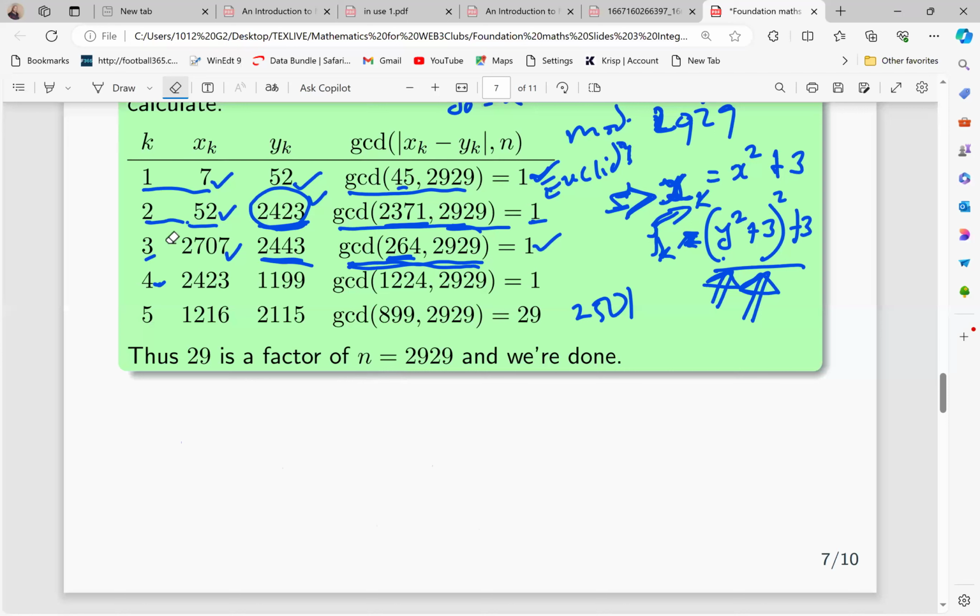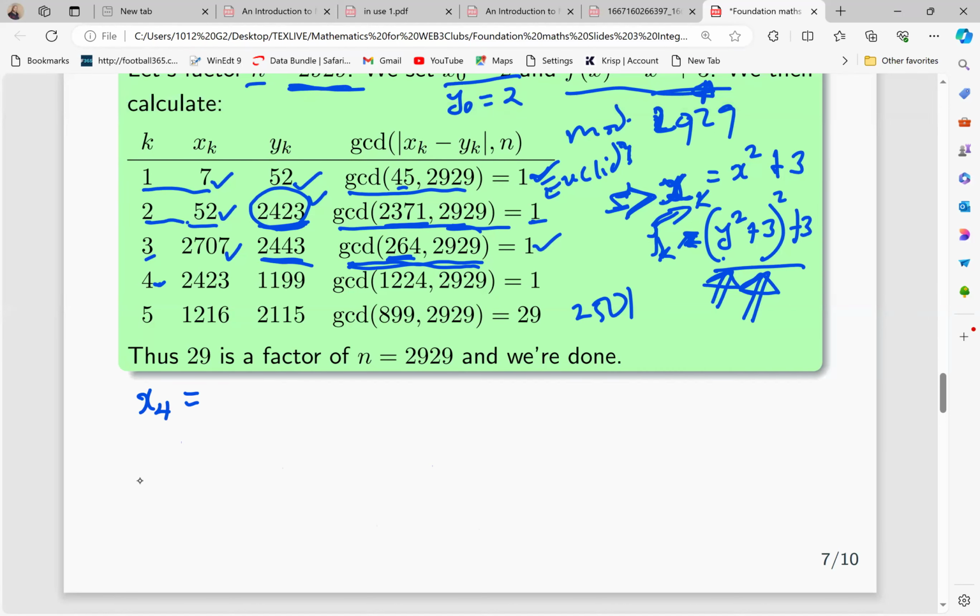Good. At this point, we are now together. We know that to get X4, we're using X3, and we are substituting the value of X3 in the equation of xk, which is here. Our X3 is 2707.